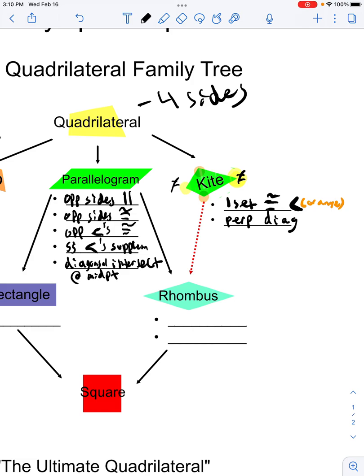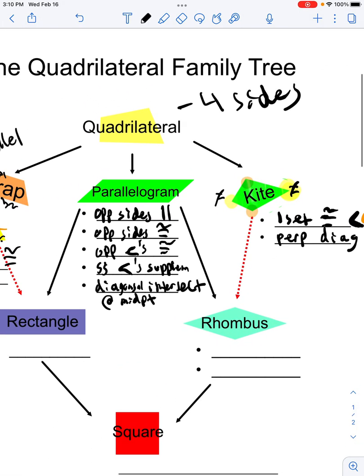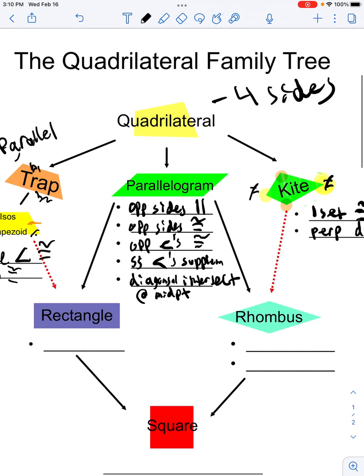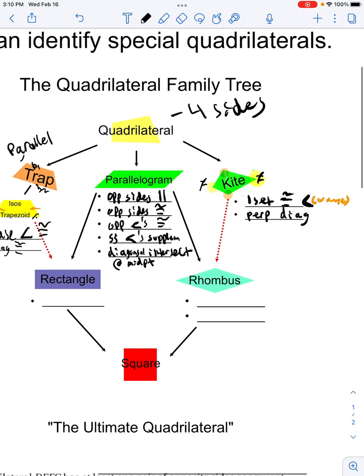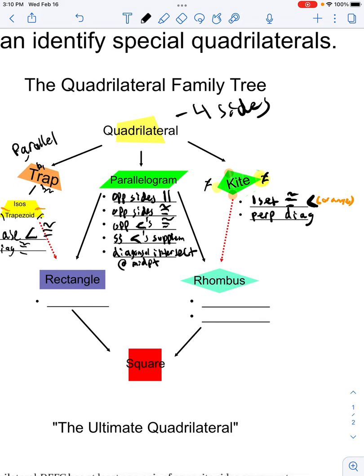Now, when we kind of think about combining the parallelogram properties and the kite properties, we end up getting a rhombus. So again, all these properties of a parallelogram and a kite can sometimes make a rhombus. Again, that's why we have that red line, whereas a rhombus is always a parallelogram. A rectangle is always a parallelogram. So the black line means that it is always true.